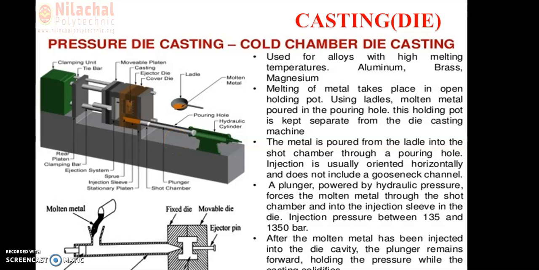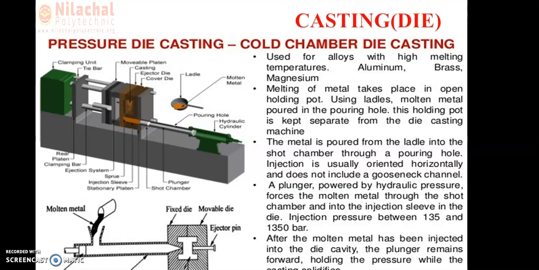Molten metal poured into the cold chamber die casting machine is at a lower temperature compared to that poured into the hot chamber die casting machine. Because in the hot chamber machine we use a hot flame to keep the metal in the molten state, whereas in the cold chamber machine such a thing does not happen.